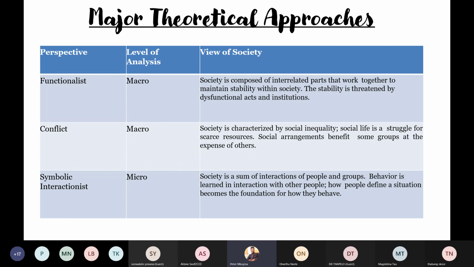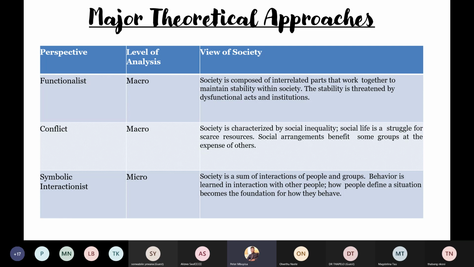So it says that social life is a struggle for scarce resources, and that social arrangements benefit small groups at the expense of others. So in a way, it brings a sense of competition, a sense of saying that for us to understand society, we need to acknowledge the fact that it will always be a struggle for survival.